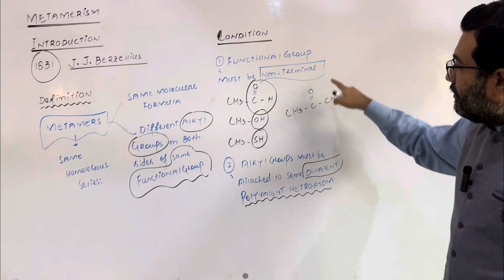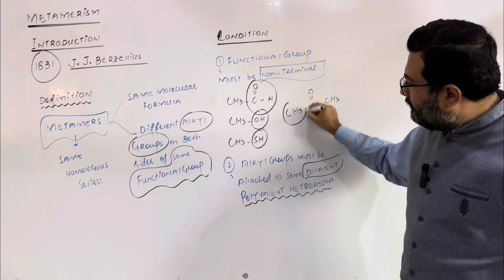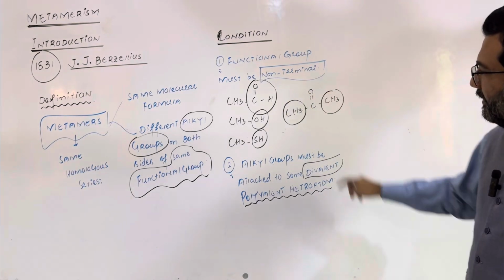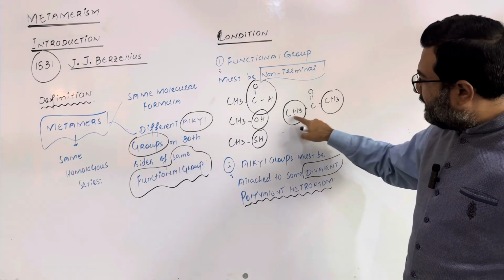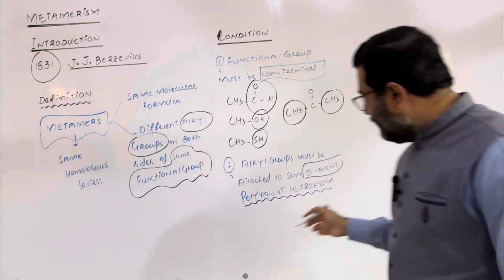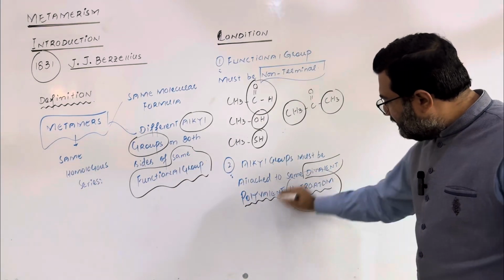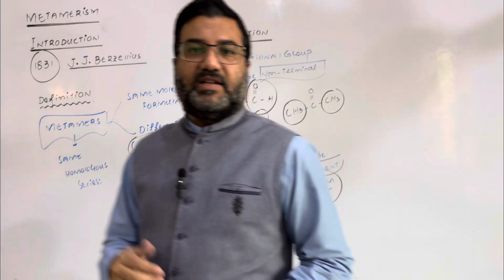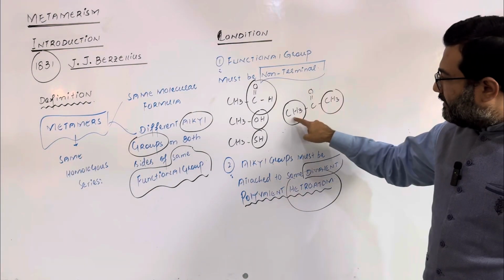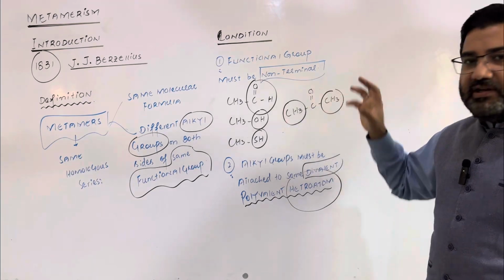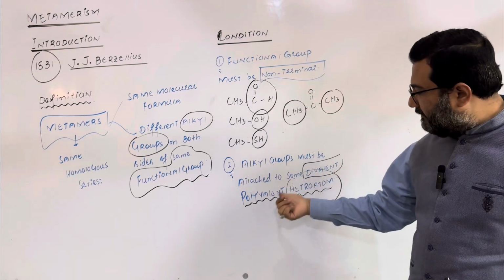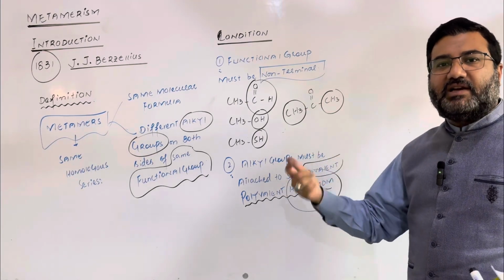The functional group is non-terminal, as you can see that there are two carbon chains on both sides of the functional group. But in this particular group, none of the alkyl groups is attached to some atom that should be divalent or polyvalent, and it should be a heteroatom. You know, in organic chemistry, heteroatom means some atom other than carbon. So the alkyl groups are present on both sides of the functional group, but none of the alkyl groups is attached to the divalent or polyvalent heteroatom.